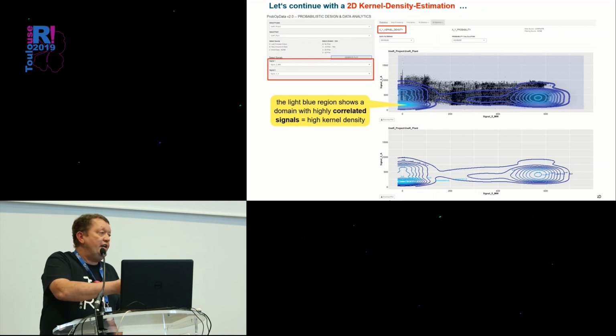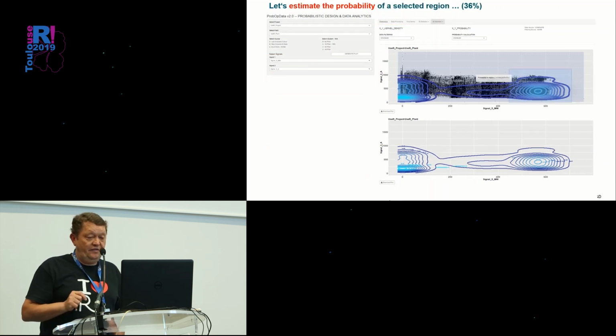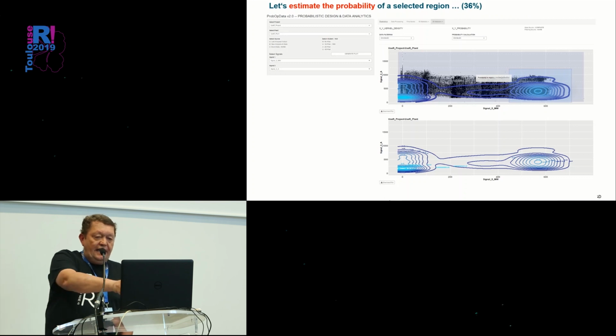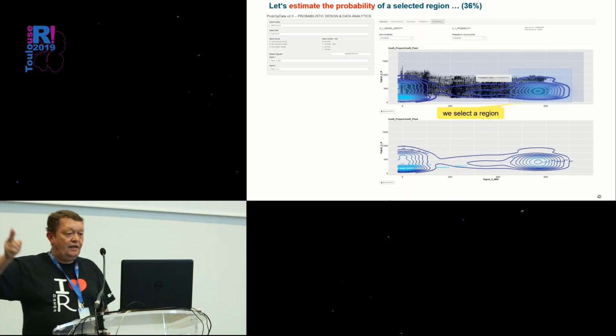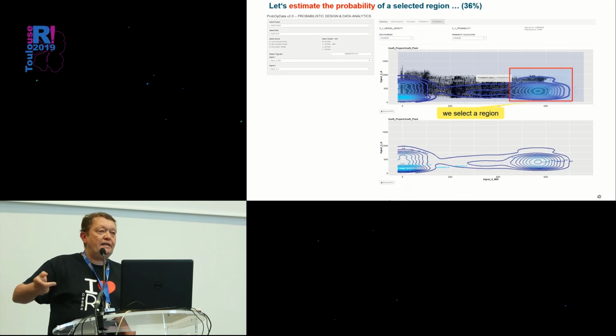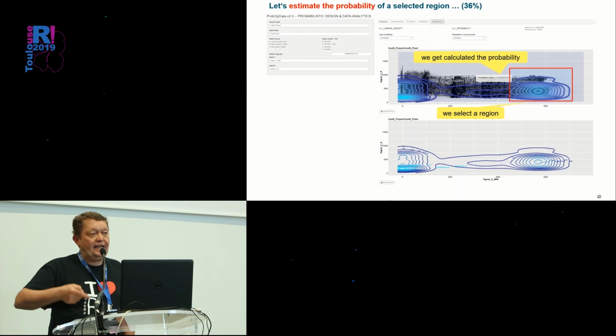It shows the correlated signals with respect to colors and to contour plots, which show levels of equal kernel densities. We can even estimate a probability by selecting a region, and then the probability with respect to this kernel density region is automatically calculated.